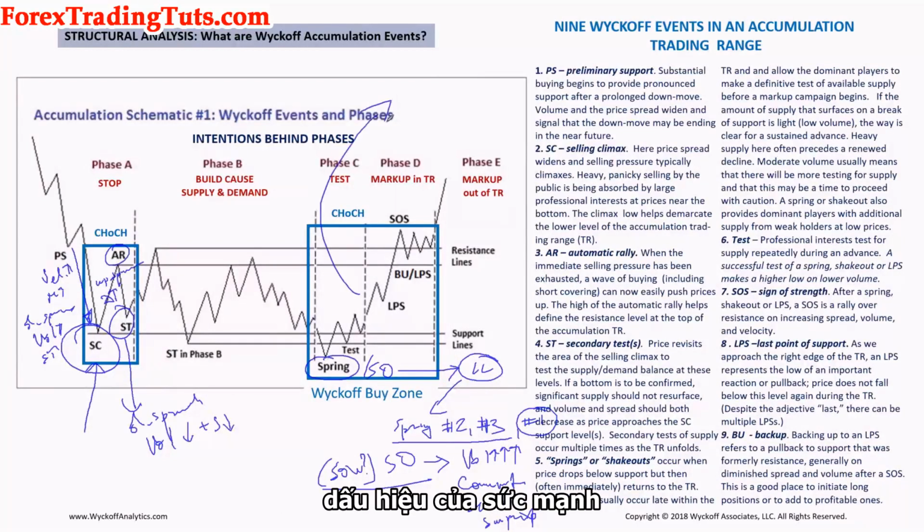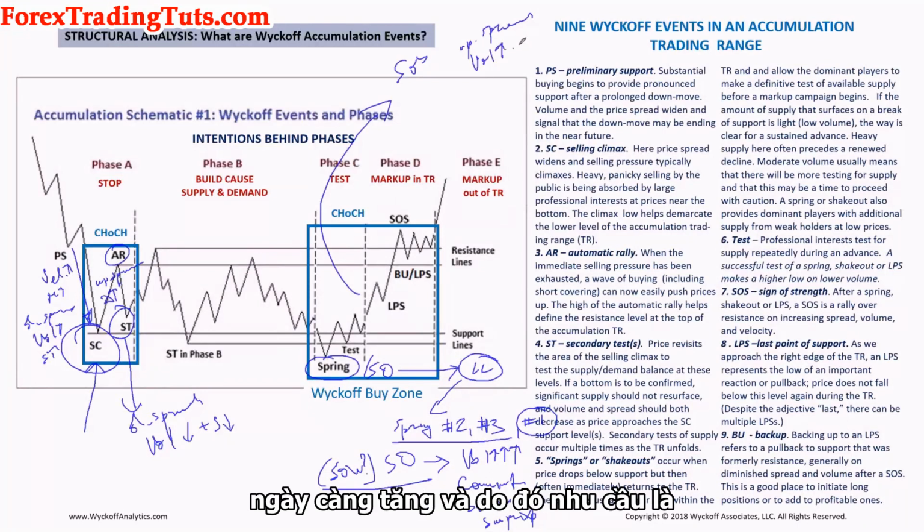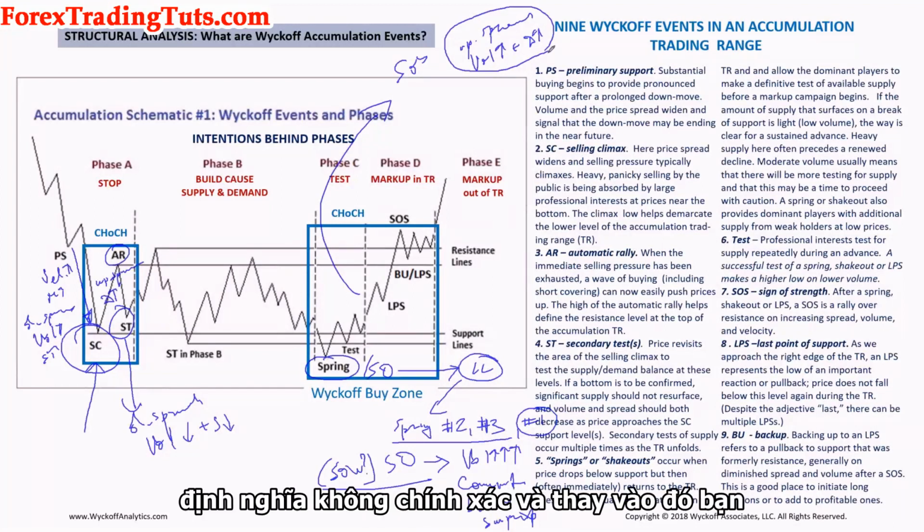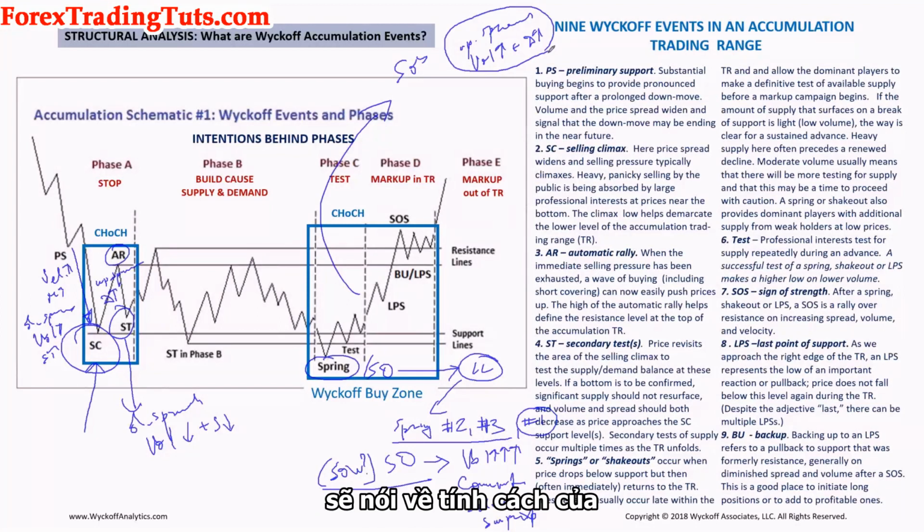Sign of strength is going to have characteristics where the upspread is increasing, where the volume signature in general is increasing, and therefore demand is increasing as well. In a lot of cases, when I'm going to ask you what is the definition of the sign of strength, you're going to give me the incorrect definition, and instead you're going to talk about the character of the sign of strength bar.